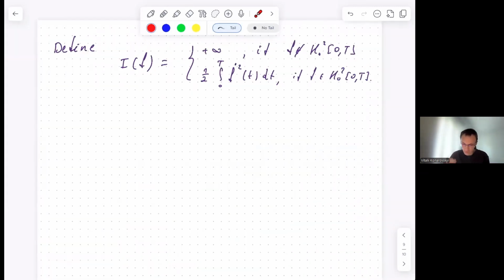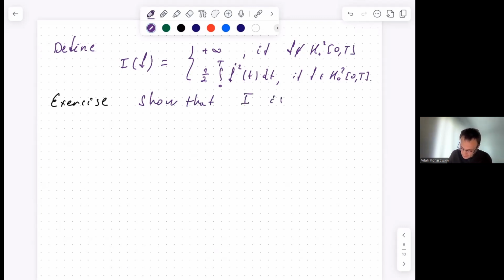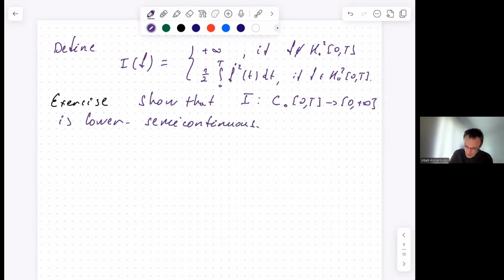So then let's write that as an exercise: show that the function I, as a function from the space C_0[0,T] to [0, plus infinity], is lower semi-continuous. Later we will show that this function is the rate function for the family of Brownian motions.